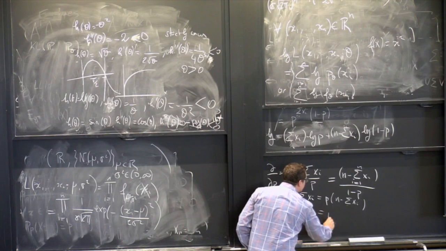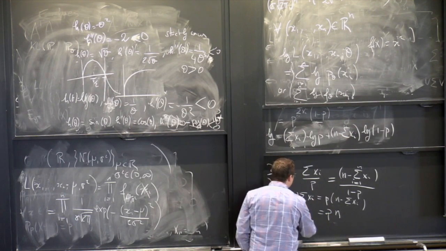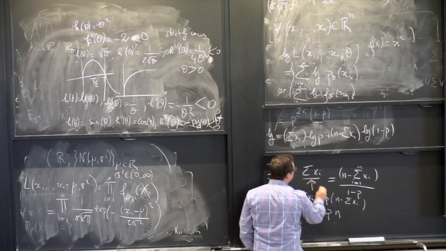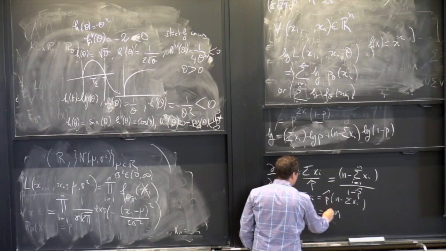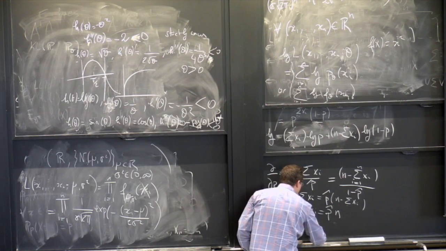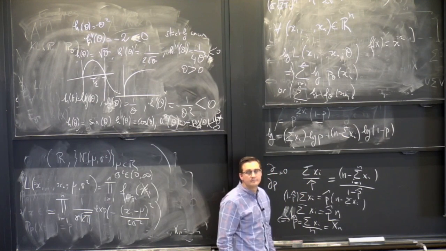So let me put it on the right. So that's p times n is equal to the sum of the xi's. And that's equivalent to p. Actually, I should start by putting p hat from here on because I'm already solving an equation, right? And so p hat is equal to the sum of the xi's divided by n, which is my Xn bar. OK?